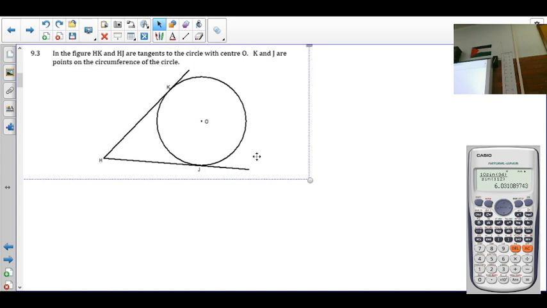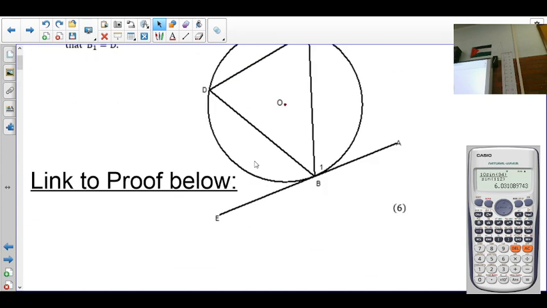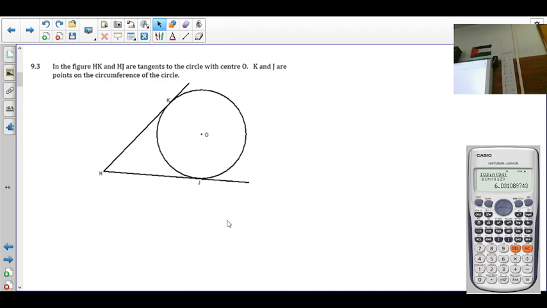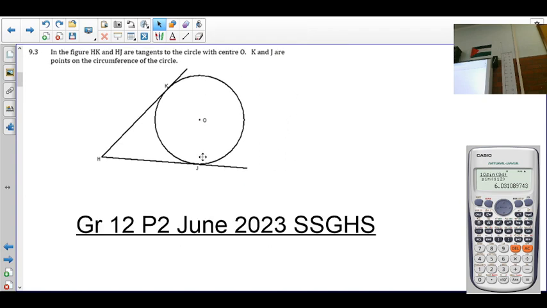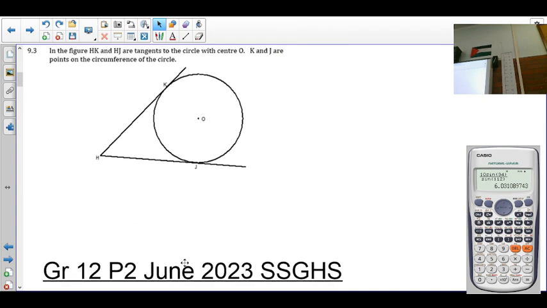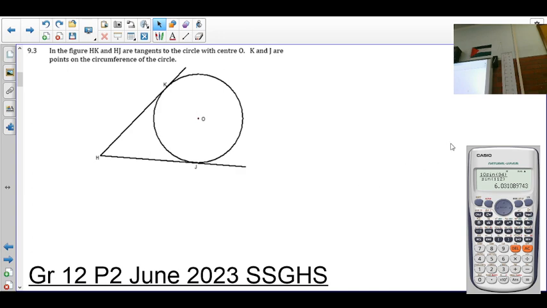In question 9.3 we are told in the figure HK and HJ are tangents to the circle center O. K and J are points on the circumference of the circle.